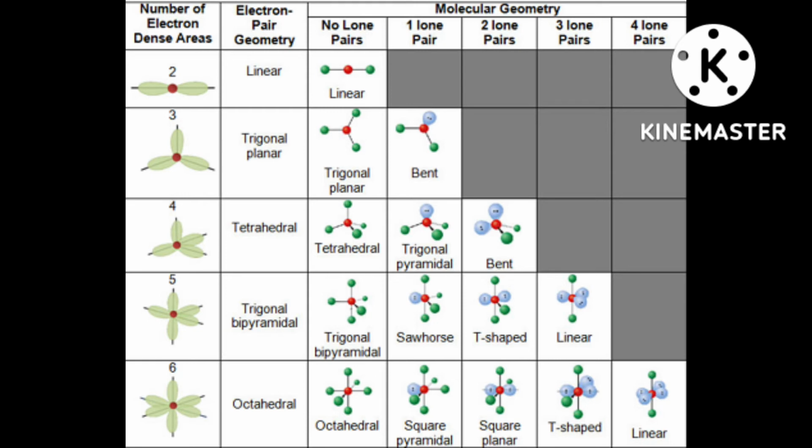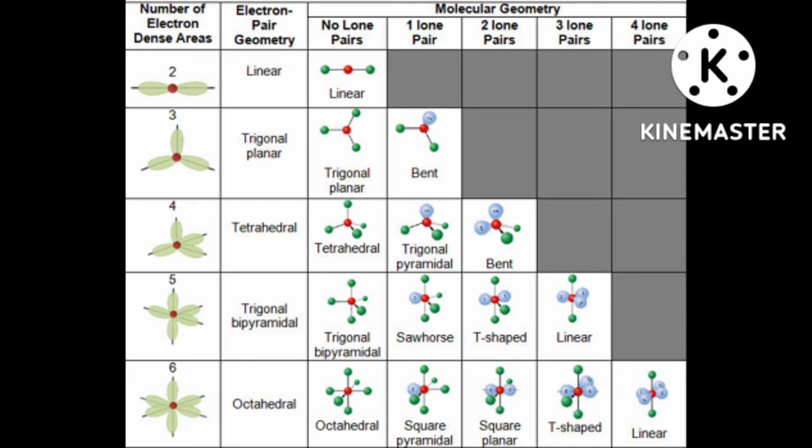What is the shape? Bent shape, trigonal pyramidal, seesaw shape, T shape, square pyramidal, square planar. These are called shapes. And the last, sixth point, is the examples. In which molecules are these things found?